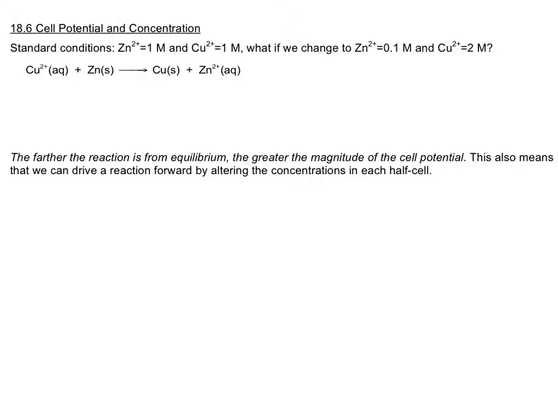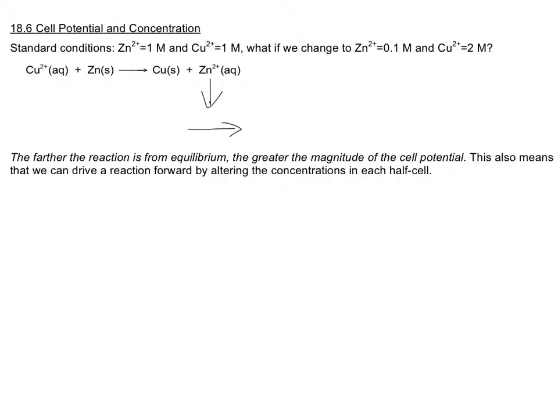Right, so if standard conditions for the zinc 2+ and the copper 2+ for this reaction here are 1 molar, because that's what they are, what if we change the zinc to 0.1, so that's a decrease in that concentration. So if we do that here, that would be a decrease here. All right, that's going to shift the reaction this way, to the right, right?